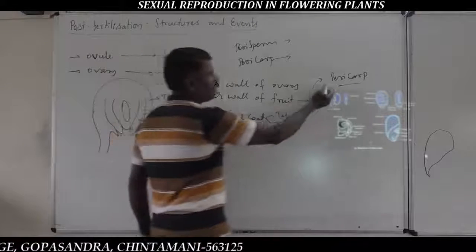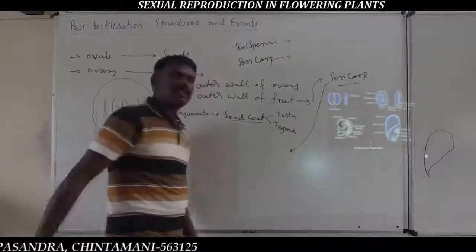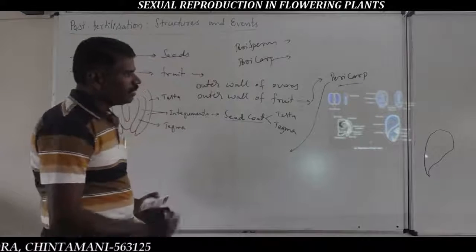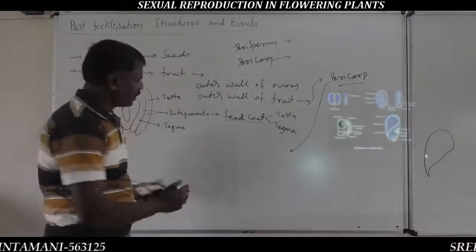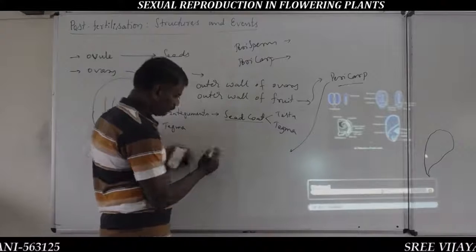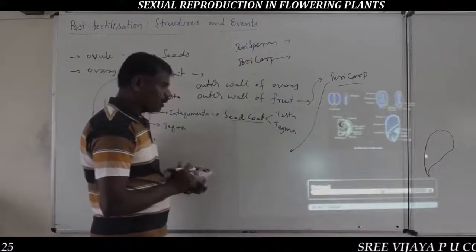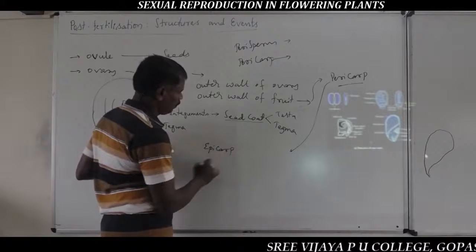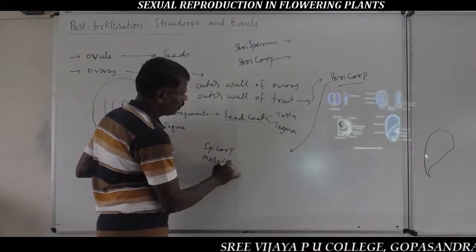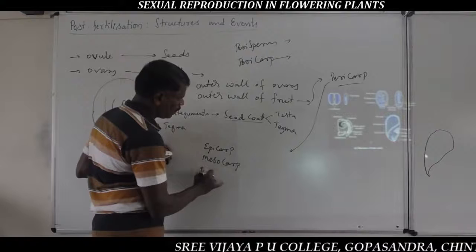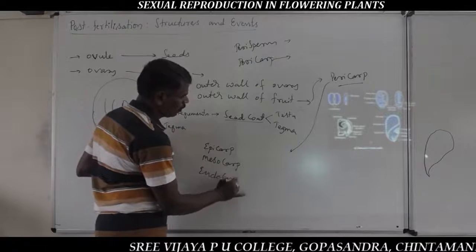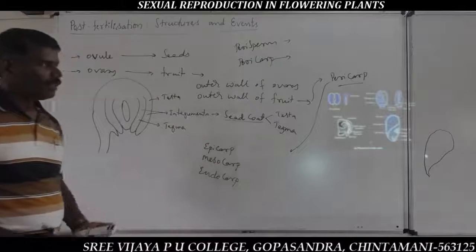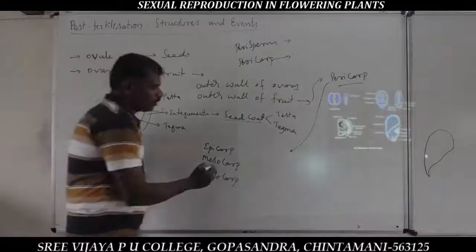The pericarp consists of three layers: epicarp, mesocarp, and endocarp.